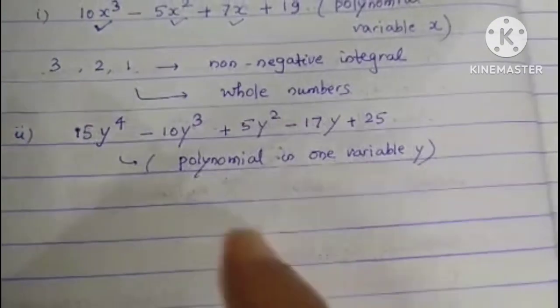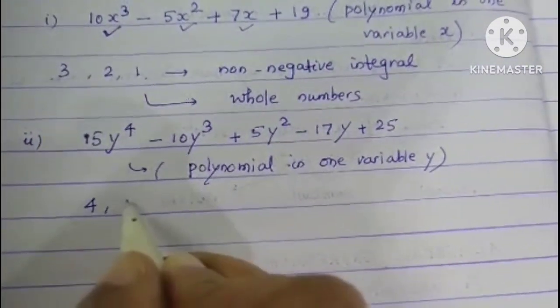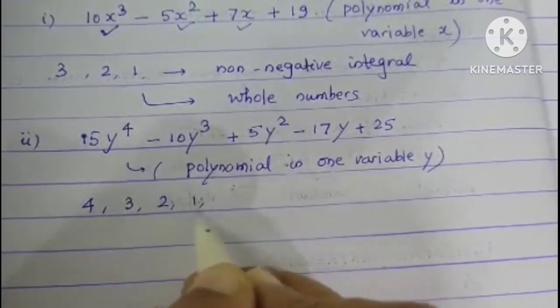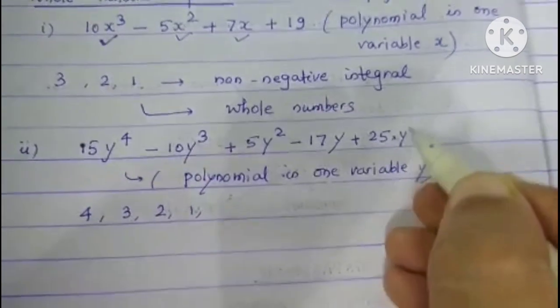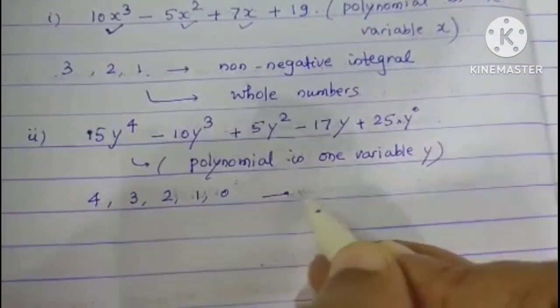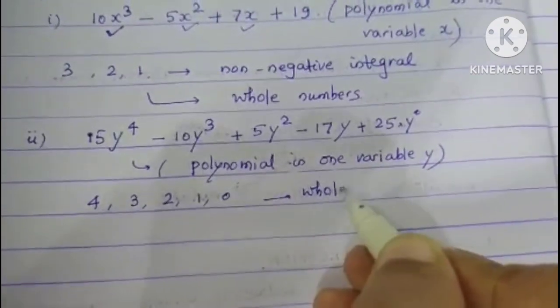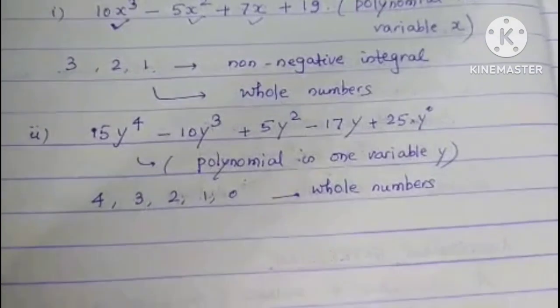Now you can check the powers of the variables. The powers are 4, 3, 2, 1. Here also you can say that y to the power 0. So all these powers are whole numbers. So this will be an example of polynomials.